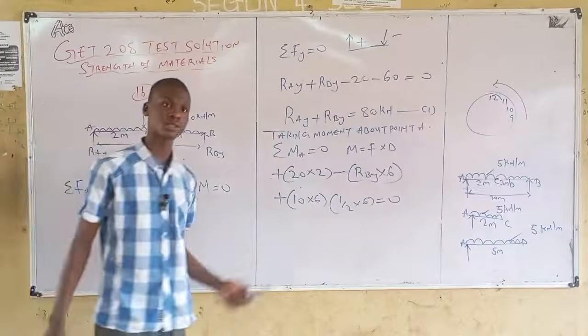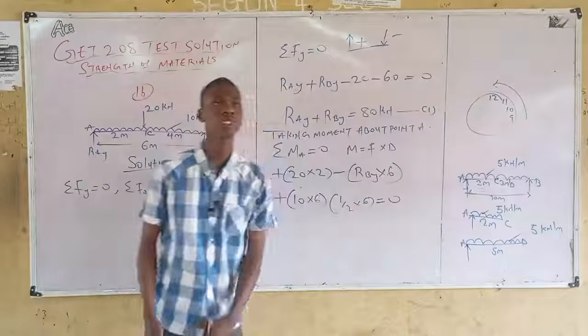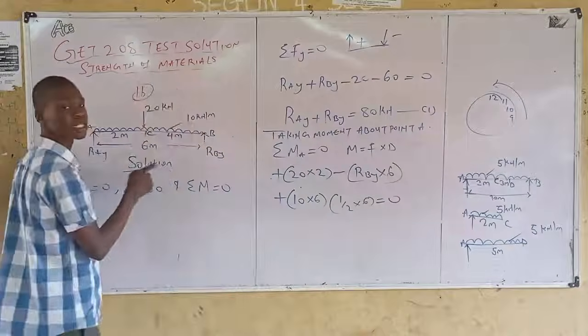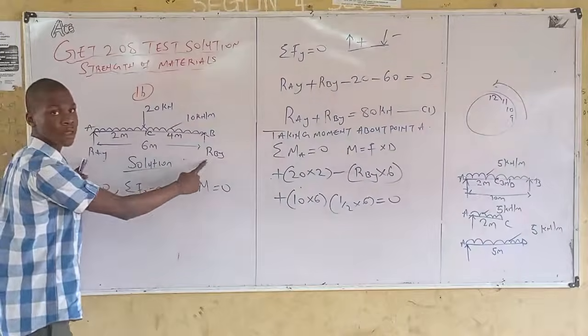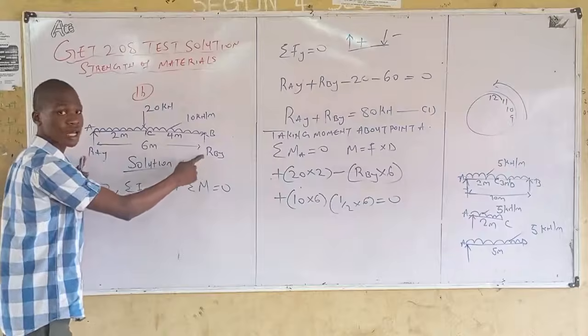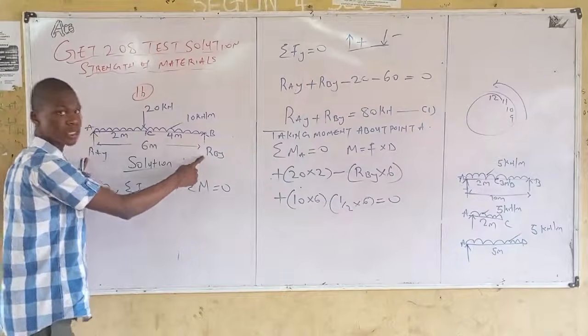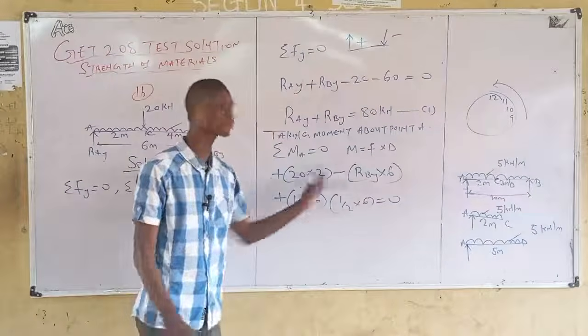So 10 times 6. What about the distance? From what we've explained before, the force of a UDL acts at the midpoint. Since I'm considering the moment about A, and the length is 6 meters, the distance is half of this 6. 1/2 times 6. That's 3.